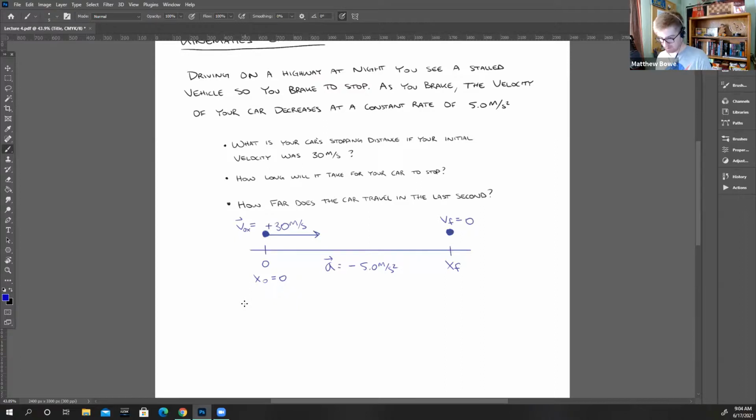For that first equation, we need to solve for delta x. That's what we're looking for. Which kinematic equation can we use?